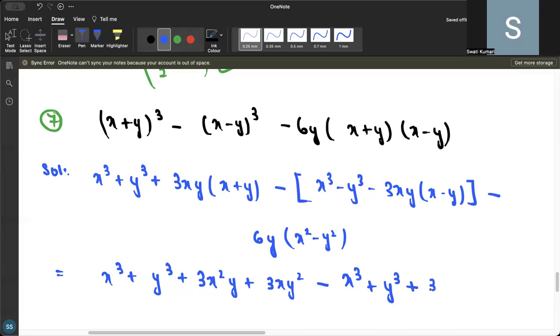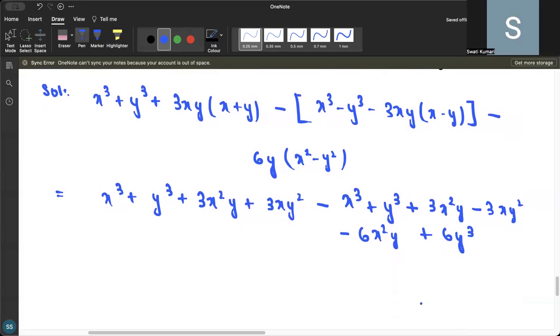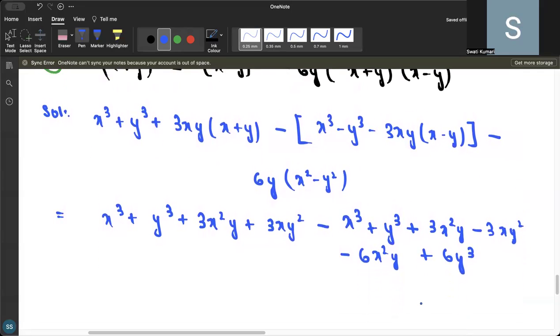So plus 3x square y. And then this is minus into minus plus, but if you remove the bracket, it will become minus 3xy square, minus 6x square y and minus minus plus 6y cube. Okay, interesting. We have got an interesting answer here.